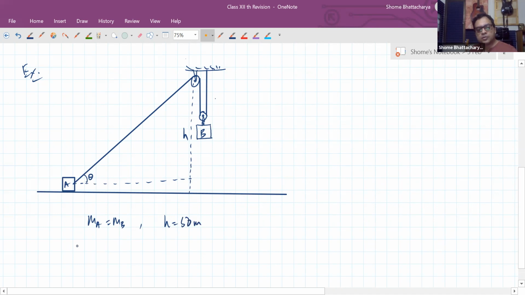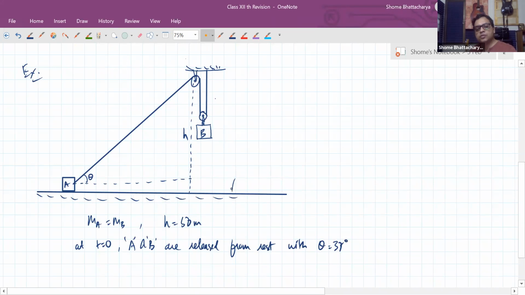Okay. Now at T equal to 0, A and B, the two blocks are released from rest with theta equal to 37 degrees. Okay. This is a smooth surface, no friction involved. Okay.